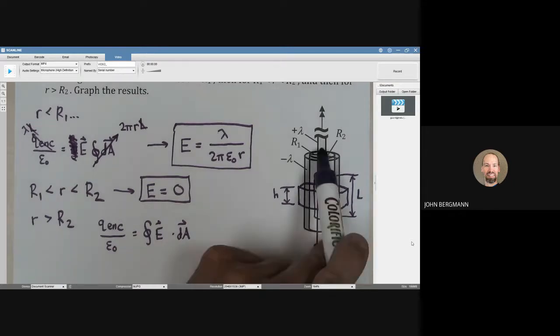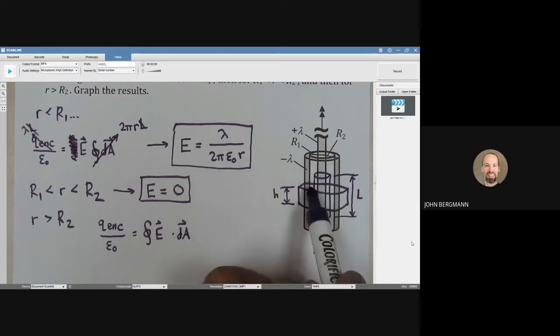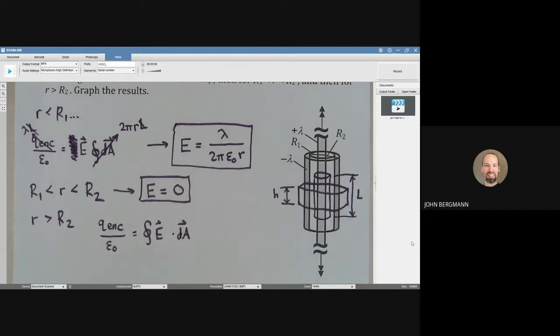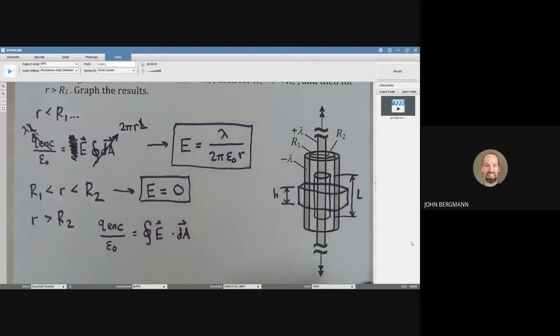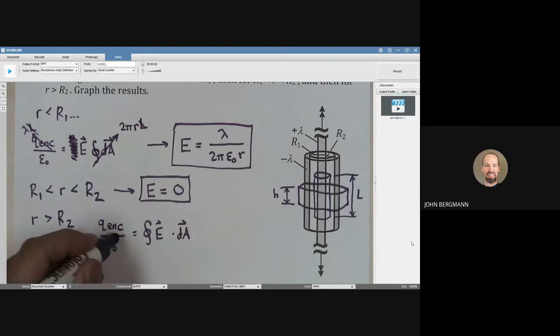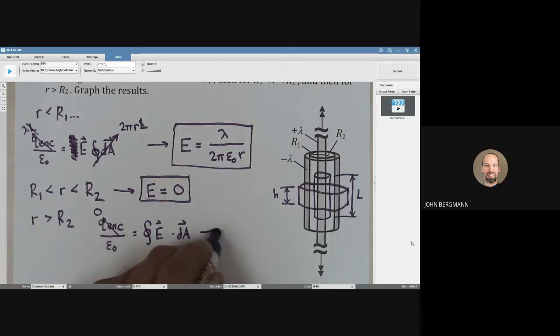So the charge on the thing in the middle is plus lambda, which means the interior surface of this metal cylinder has all of the negative lambda, which means what? What's the net charge that's enclosed by this little squatty cylinder? 0. And if the net charge that's enclosed is 0, that by definition requires that the electric field also be 0.